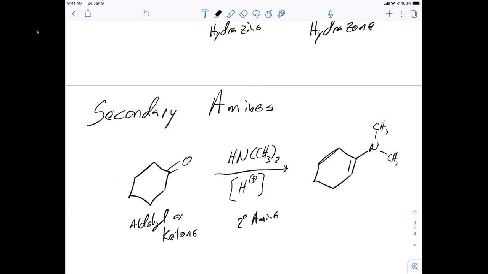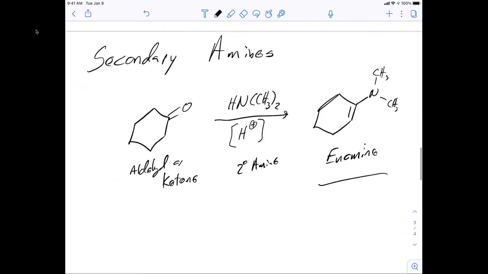So only one hydrogen attached. What I end up with is an enamine, right? And remember, if I had a double bond with an alcohol, that was an enol, so similar name. It's a double bond with an amine attached to it, enamine.